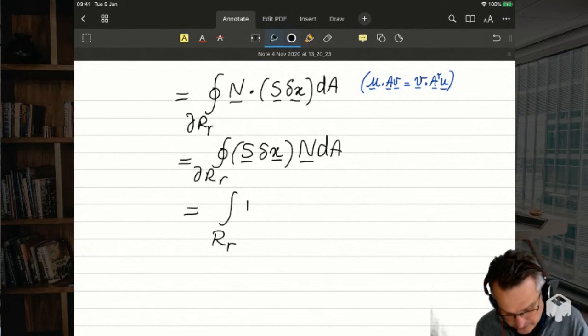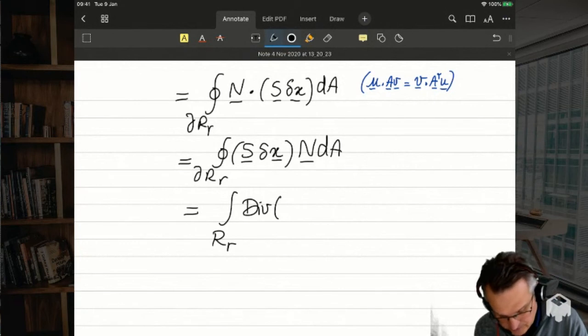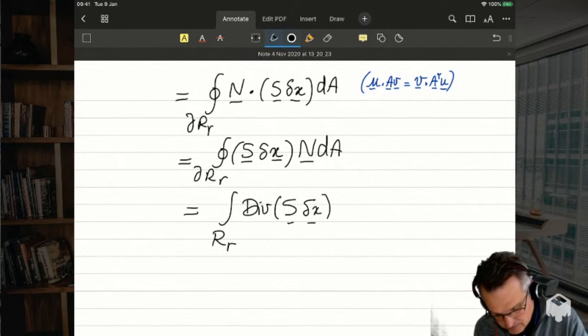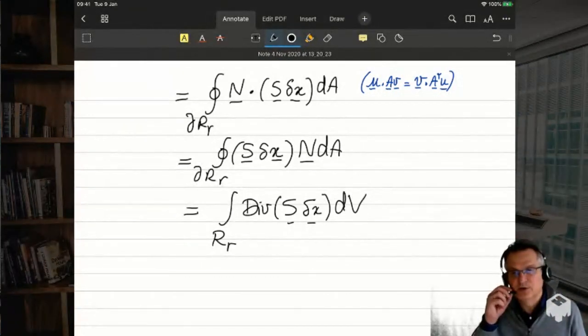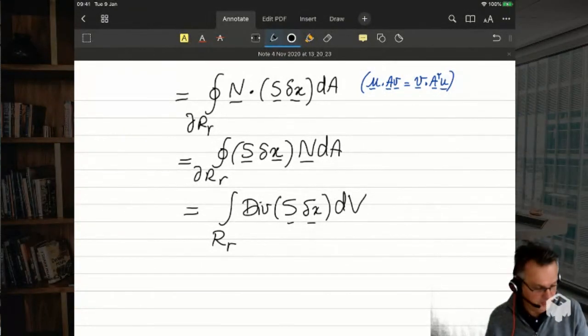So now I can use the divergence theorem. I'm in the reference configuration, so it's capital D. And transform this into an integral over volume.